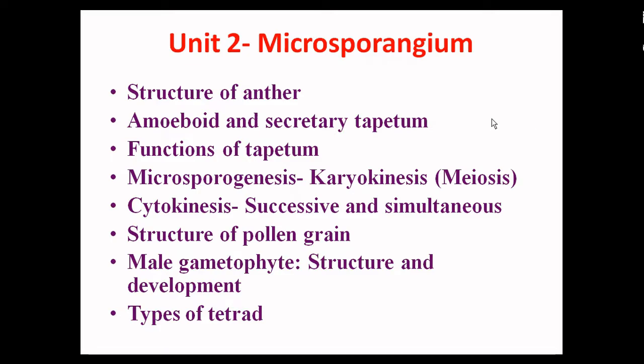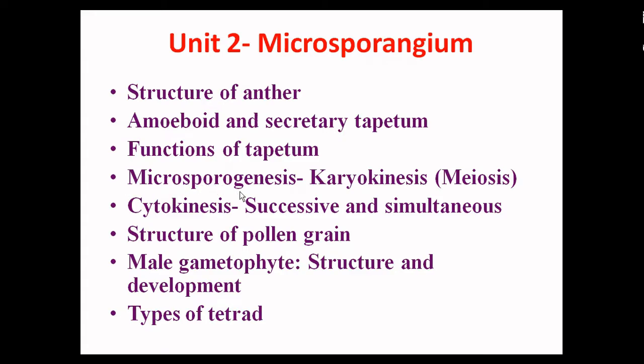The tapetum is also involved in the formation of the pollen wall during the post-meiotic period, as we discussed earlier in the last session. The callase is basically secreted or provided by the tapetum.